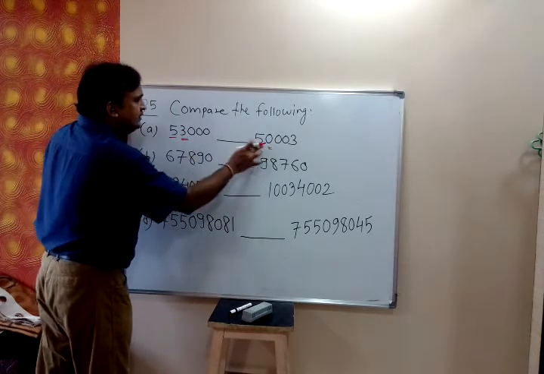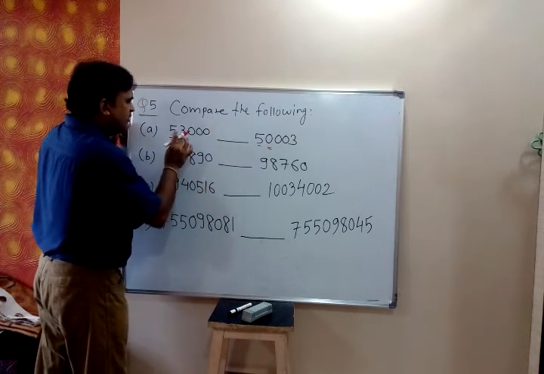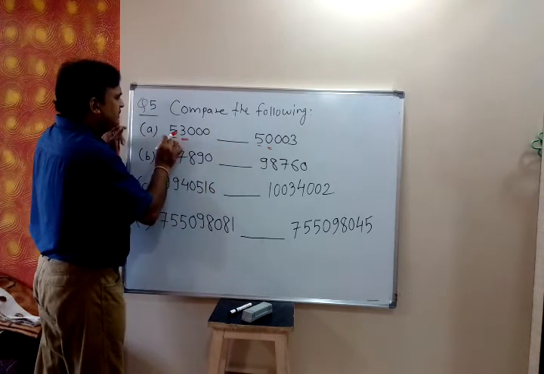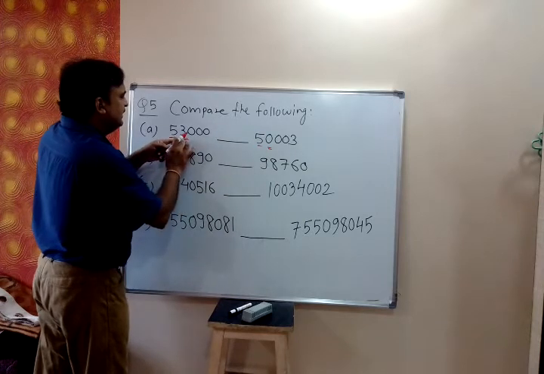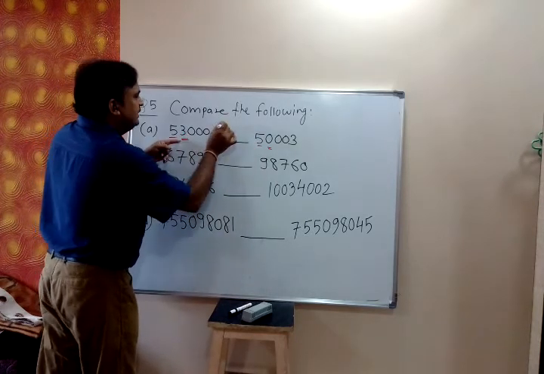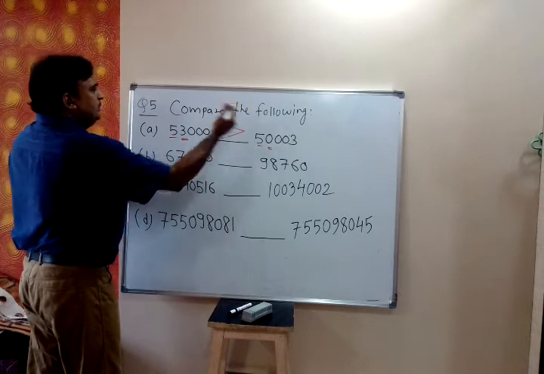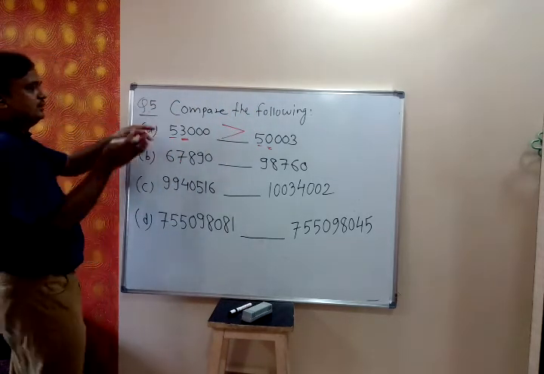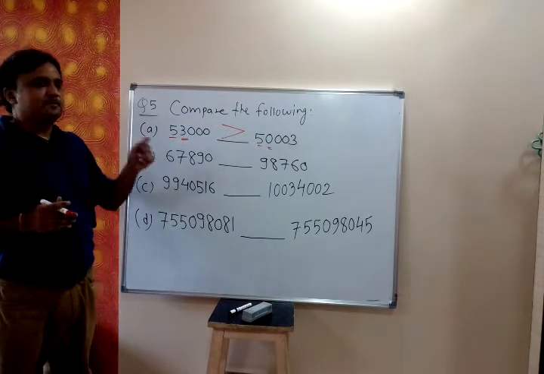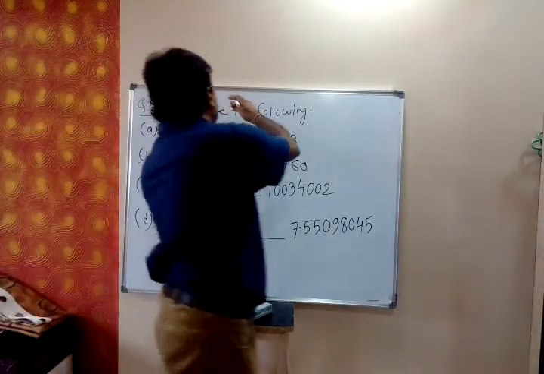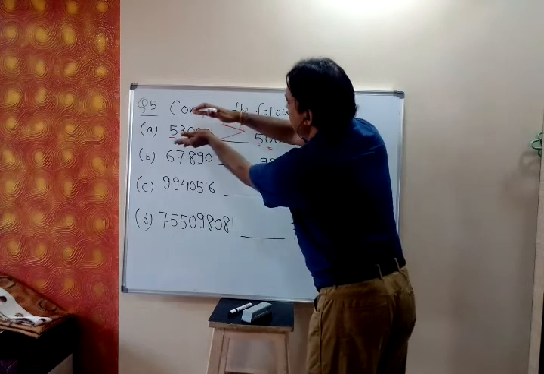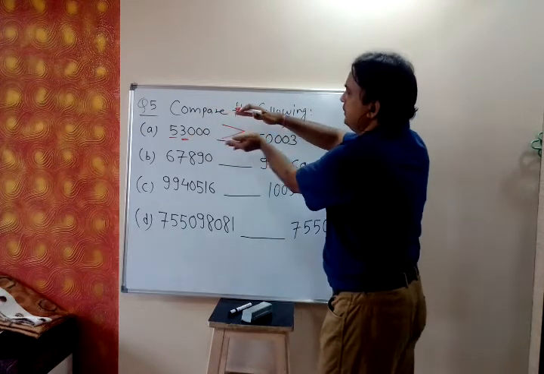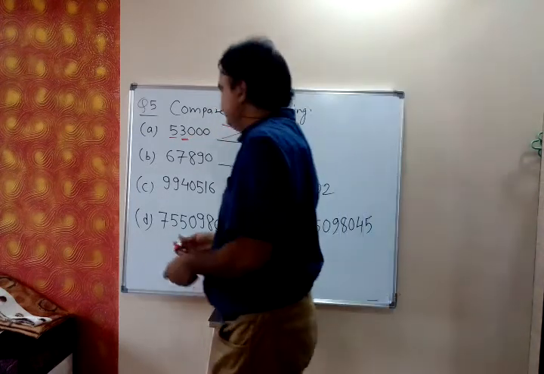So 3 is bigger than 0. 5, 5 same. Then 3, 0. 3 is bigger. So this number will be bigger. Arrow will be this. Mouth opening will be toward 53,000. Mouth opening means greater. Mouth opening is this side, means this number is bigger.